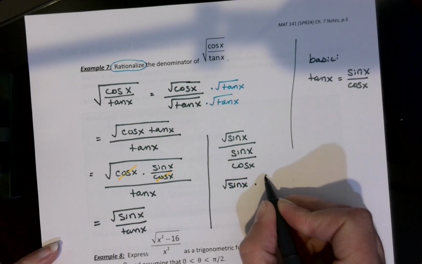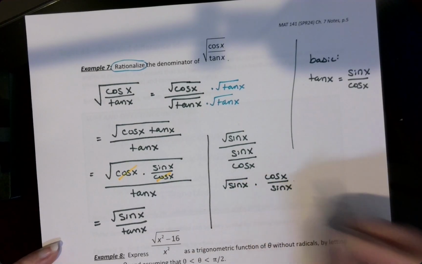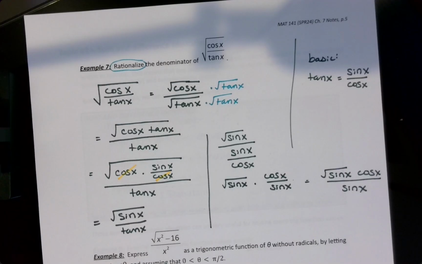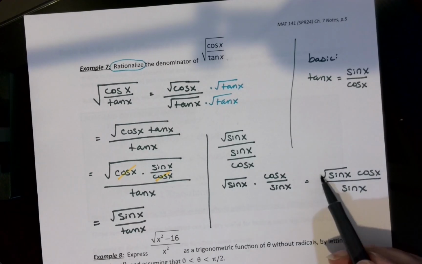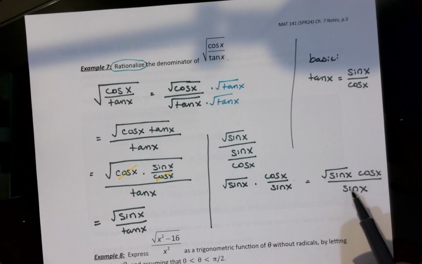Now, in this case, square root of sine of x over sine of x is not going to simplify without putting that square root back in the denominator. You can think about this canceling the square root of sine of x in the bottom, but that would not be rationalized. So I'm looking at two final rationalized answers as either square root of sine of x over tangent of x, or square root of sine of x cosine of x over sine of x.